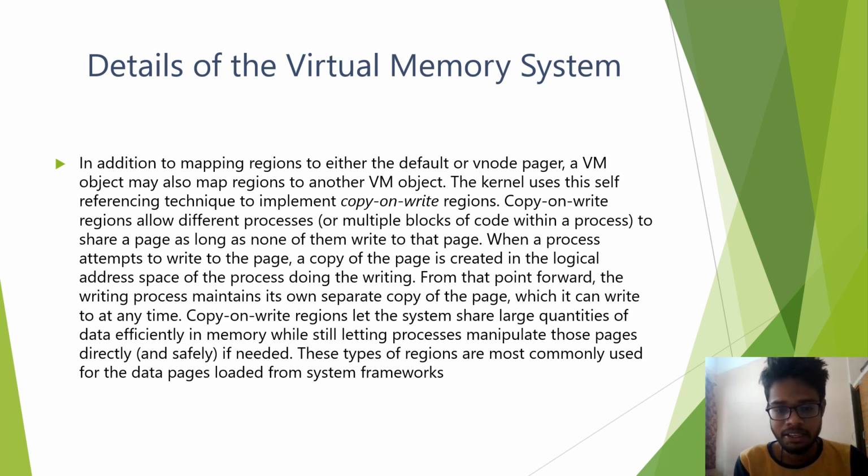Copy on write regions let the system share large quantities of data efficiently in memory while still letting the processes manipulate those pages directly if needed. These types of regions are most commonly used for data pages loaded for system frameworks.